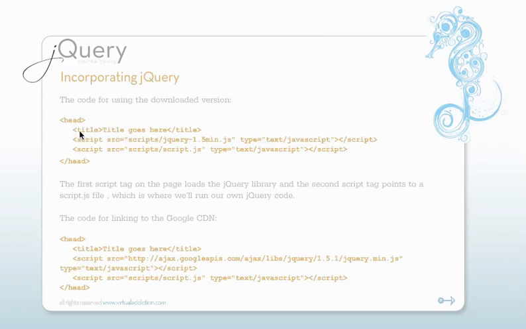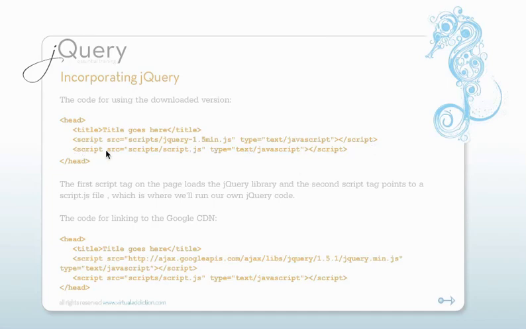Here's my head tag, I would have the title here, and then it would say script src is equal to scripts/jQuery-1.5.min.js. That's just pointing to the current minified version. And the type is just going to be text/JavaScript, and then you close the script tag. So it's a really standard JavaScript tag.